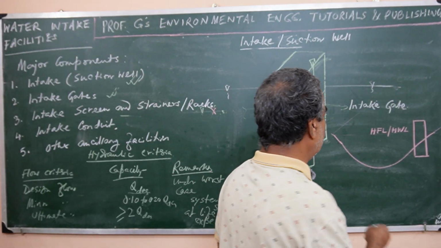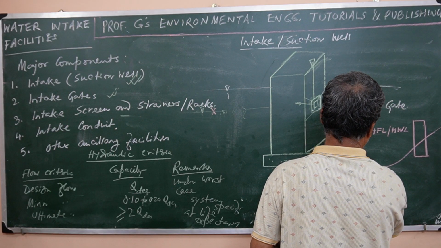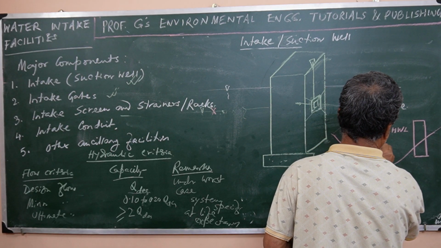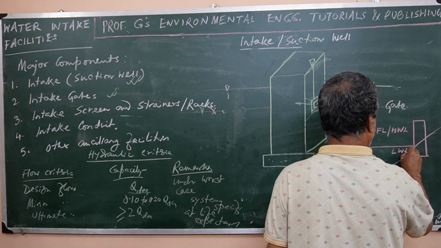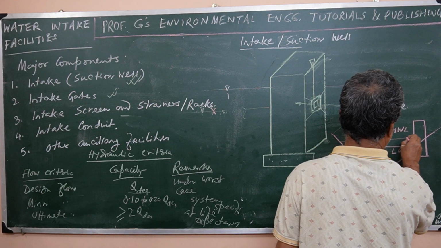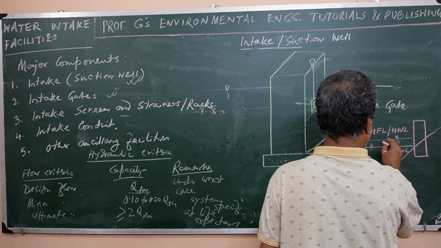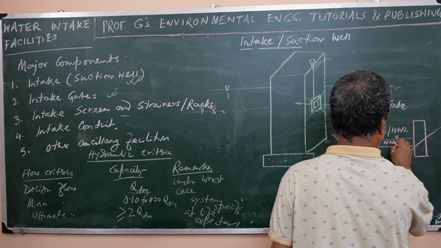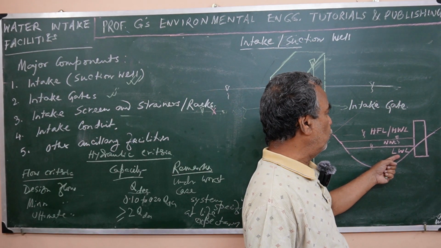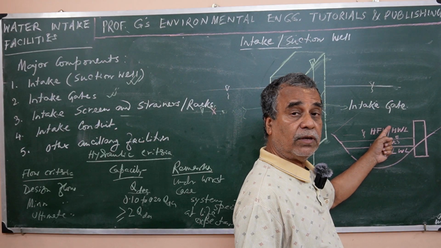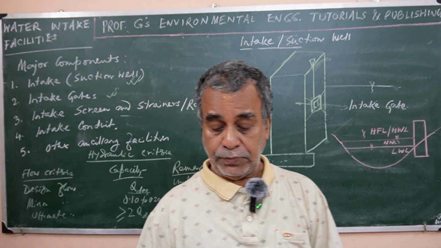And here, suppose this is the lowest water level, and this is the normal water level. Now when you design this, you have to consider the lowest level as well as the highest flood level or water level in the river, right?